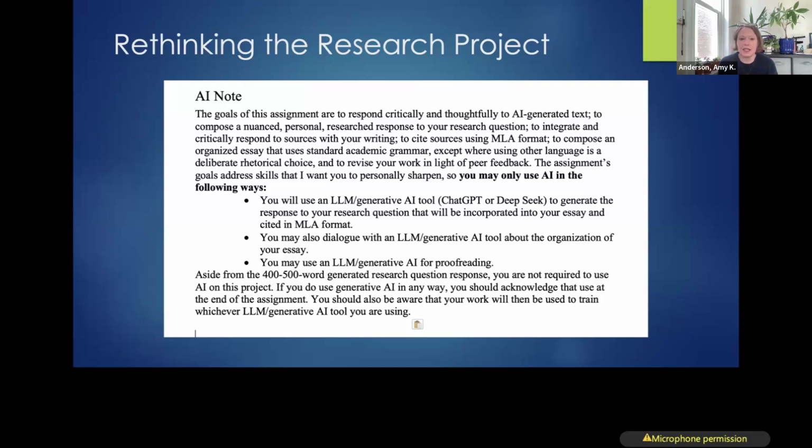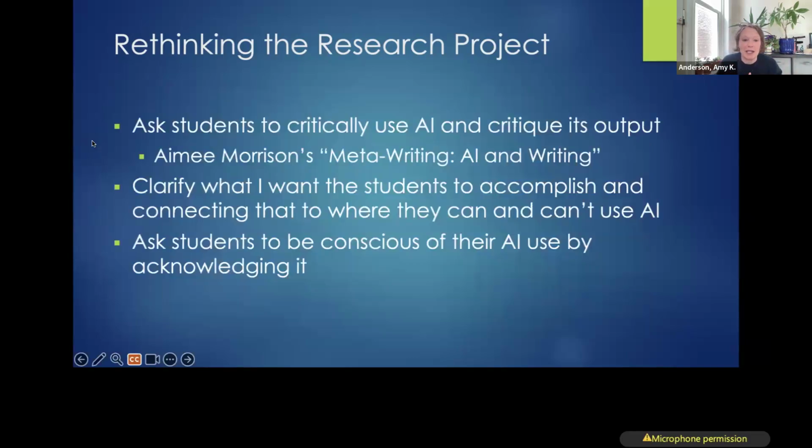They can if they want, but they're not required to. If they do use it, I want them to acknowledge it, which is the next point I'll get to, and also to be aware that their work becomes part of the data that goes on to train the LLM. So the last thing is I want students to be conscious of their AI use by acknowledging it.